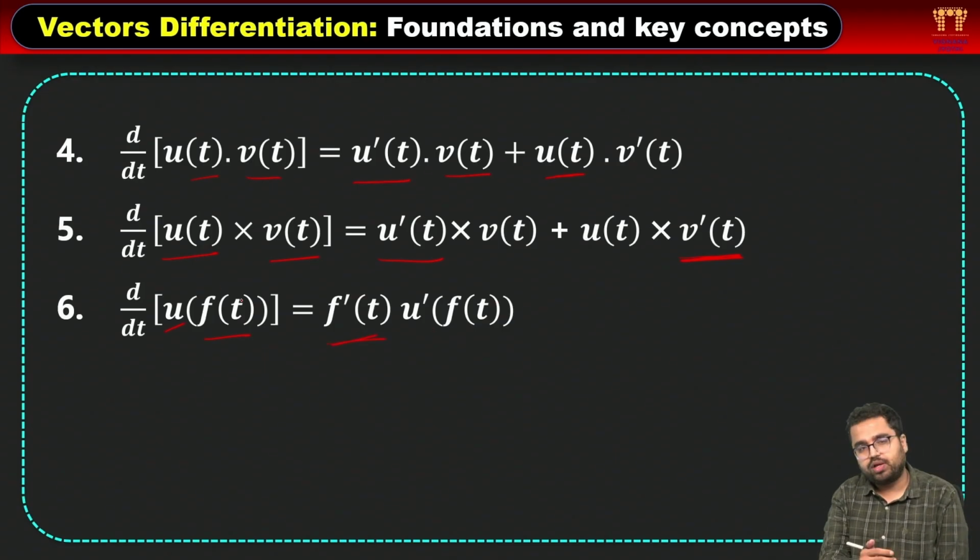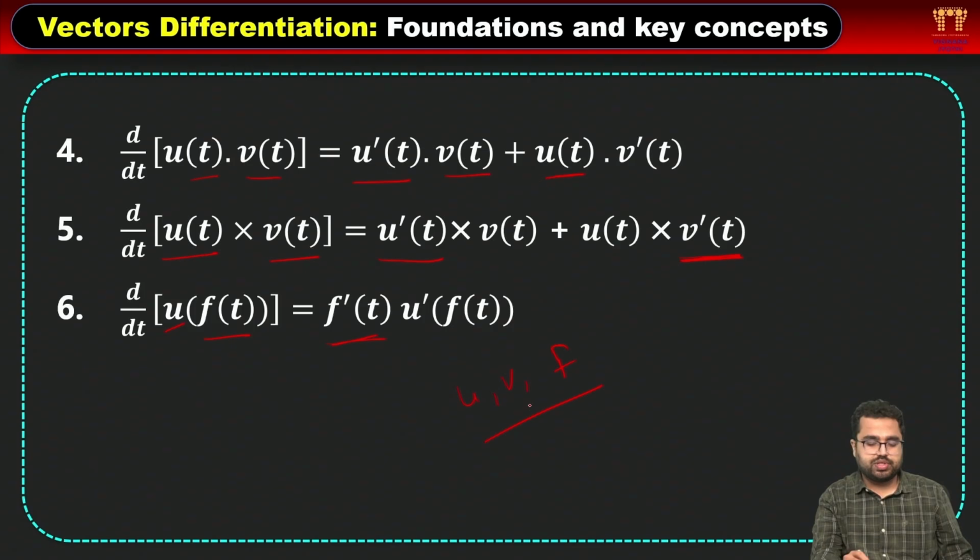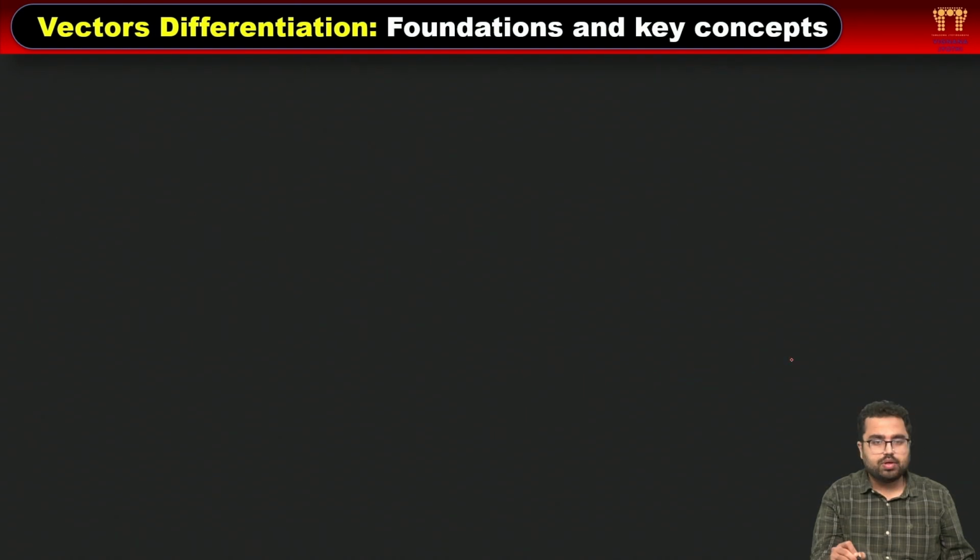Of course f and u must be differentiable. All these functions u, v, f are differentiable. These are vector valued functions, this is a real valued function, and we have taken c as some scalar.